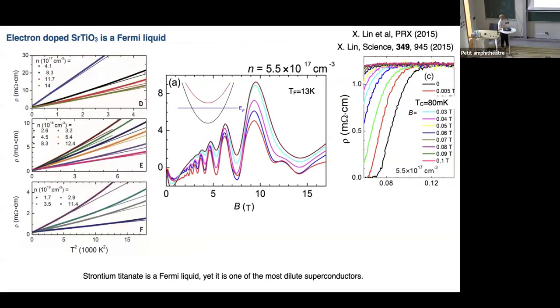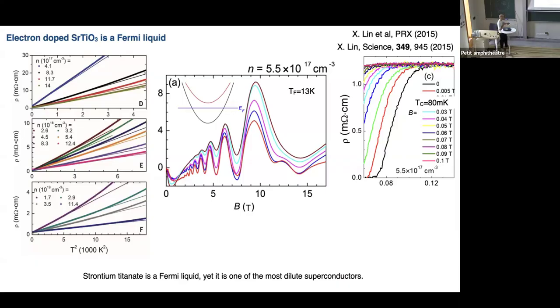Here, I just want to emphasize one point because we hear a lot about non-Fermi liquid, marginal Fermi liquid. It turned out that actually, under the impulsion of Cameron, we spent a lot of time studying in detail the electronic and thermal properties of the system. And the message is that once you dope STO, once it becomes a metal, it's really a Fermi liquid.